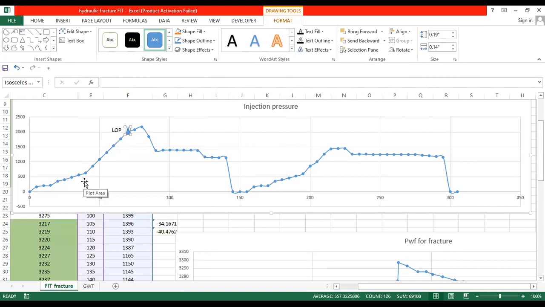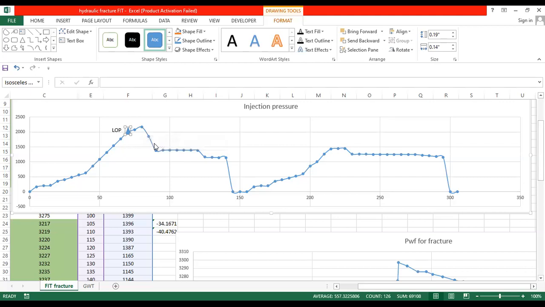Some deviation will always be there for some time. Then after that only, it will start to attain its constant slope. Once you reach a point, and after that it starts deviating, then we can understand that we reached the leak-off point where the fluid started to enter into the formations. Then it will take some more pressure to reach the breakdown point. This is the fracture breakdown point.